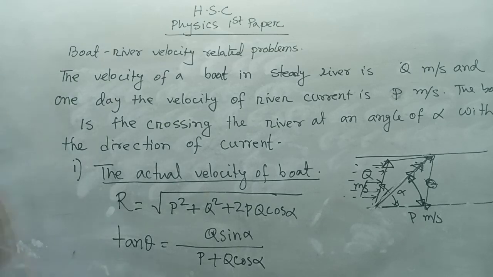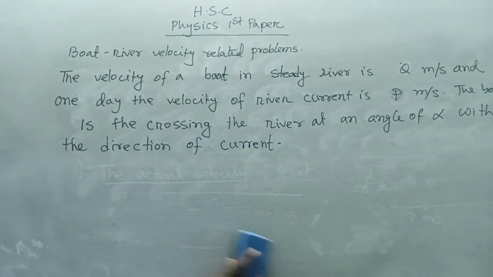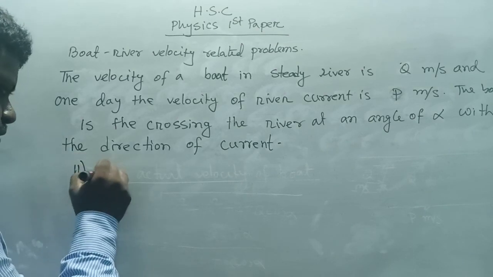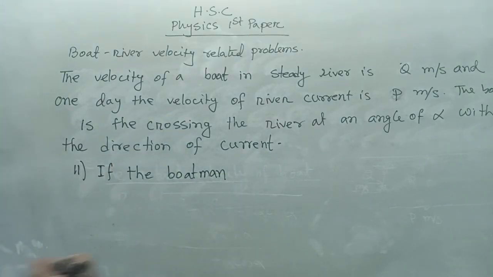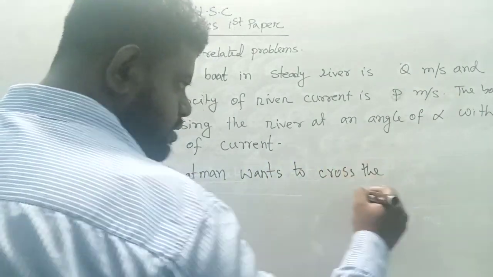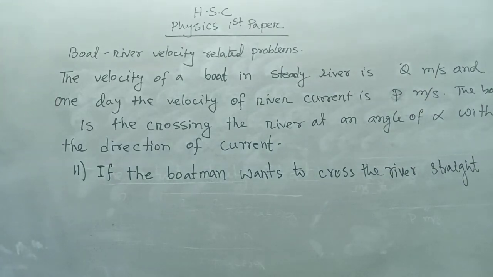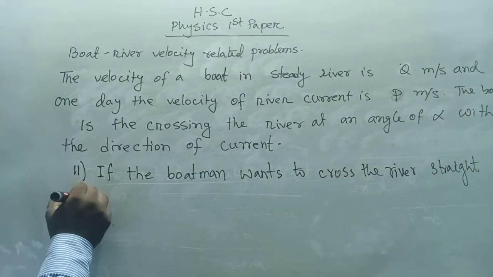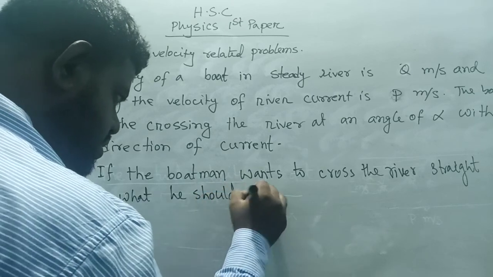Okay, now, second one: if the boatman wants to cross the river straight, then what should he do?